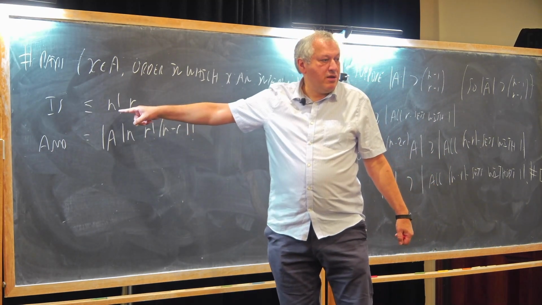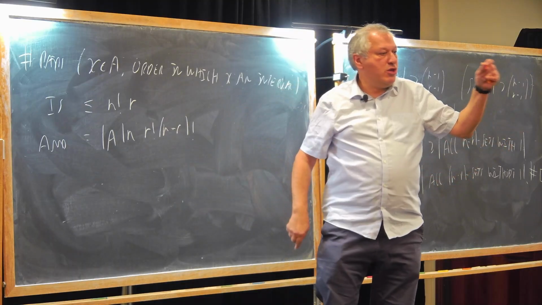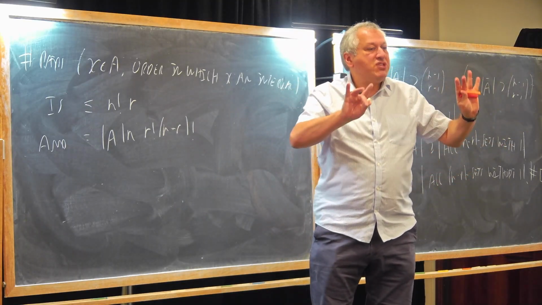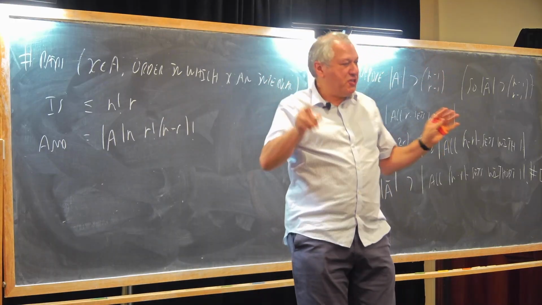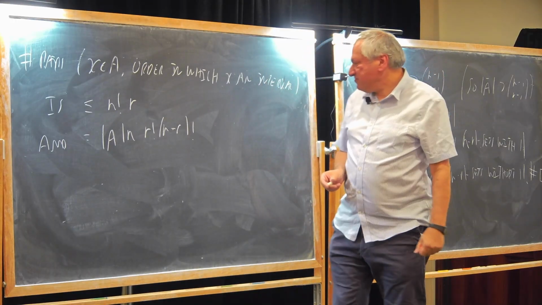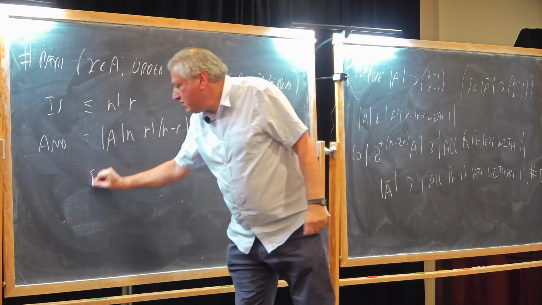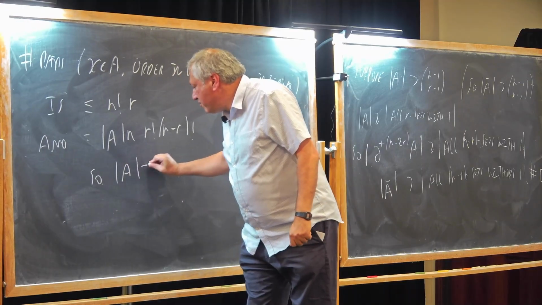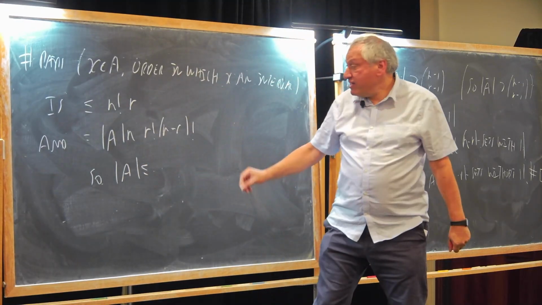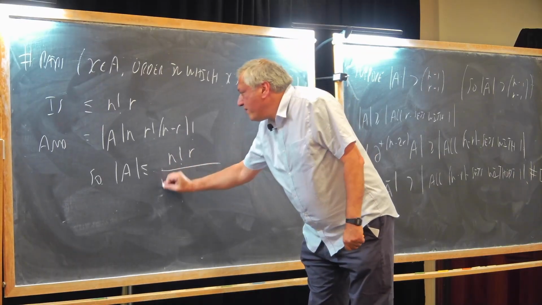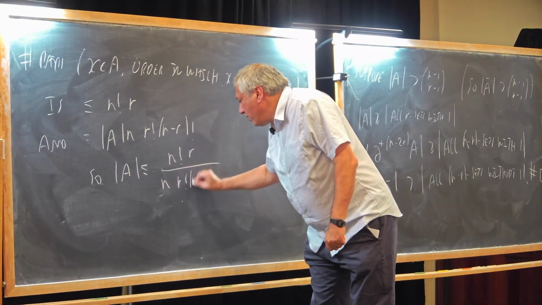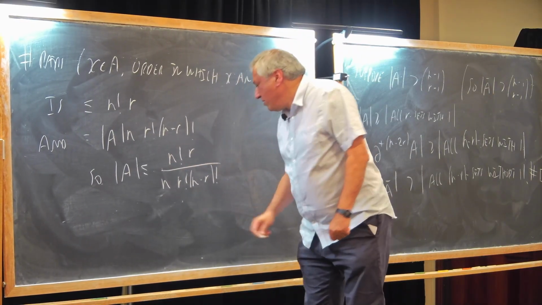This is a cyclic ordering; I didn't say it's the same if you rotate. It's literally just a bijection with the circle. Okay, so the conclusion: the size of A is at most this over that, so n factorial times R over n times R factorial times n minus R factorial.